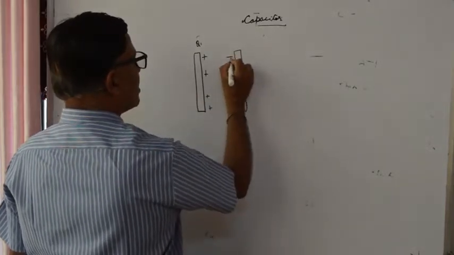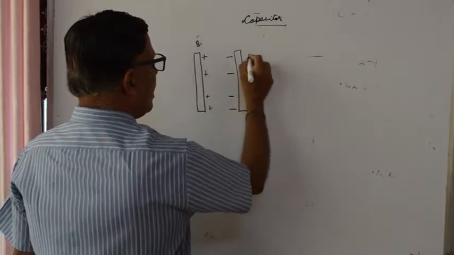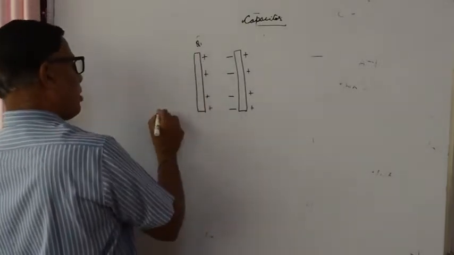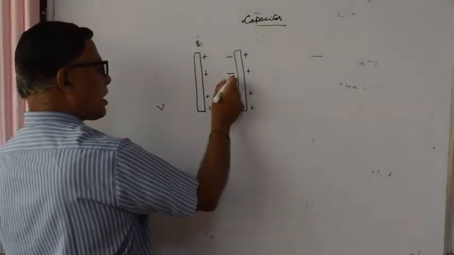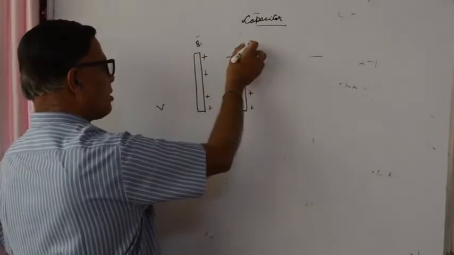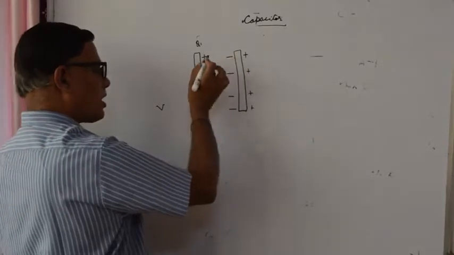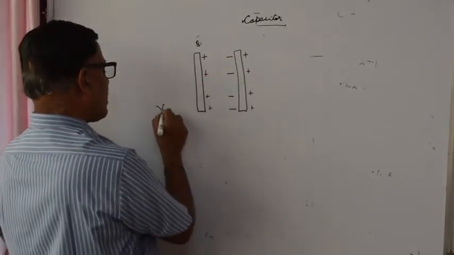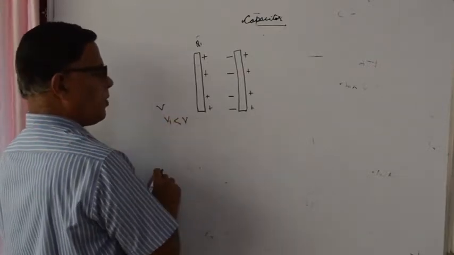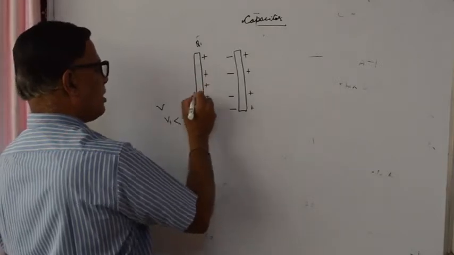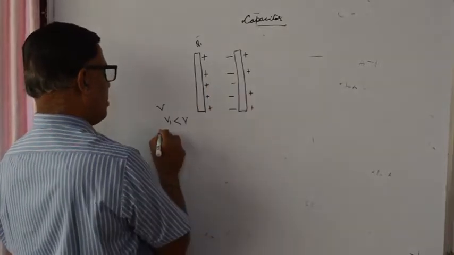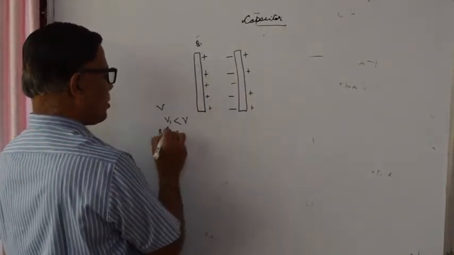Due to these positive charges, negative charges will get induced, and here we will have the positive charges. Due to these negative charges, the potential of this plate will decrease. As these charges are nearer to these positive charges, the potential slightly decreases and becomes V1, which is smaller than V. So some more charges can be given to it, so that now the charge on this plate is Q2, which is greater than Q1.